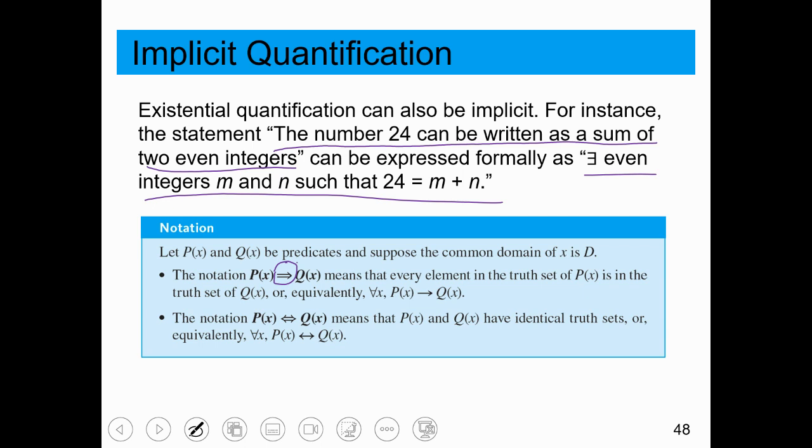Now, if we use a double-sided arrow, it simply means that P and Q have identical truth sets. So you can kind of think of this first bullet as a subset. The truth set of P of x is a subset of the truth set of Q of x. And then in the second bullet point, the truth sets are the same.